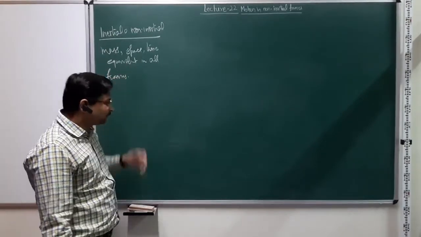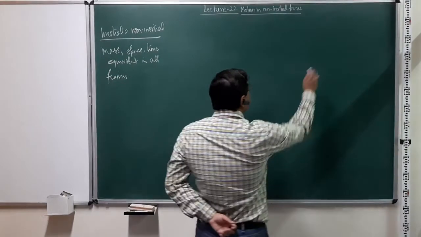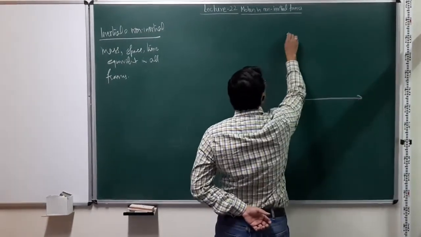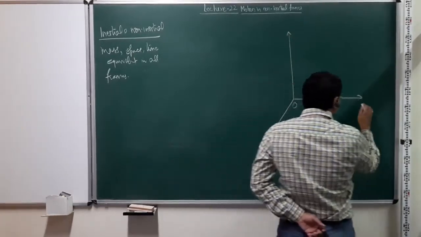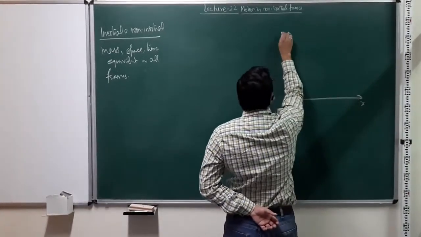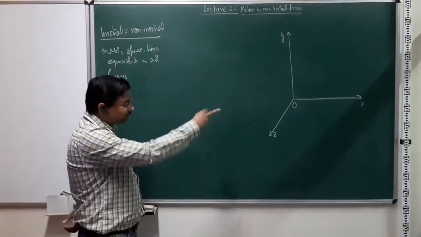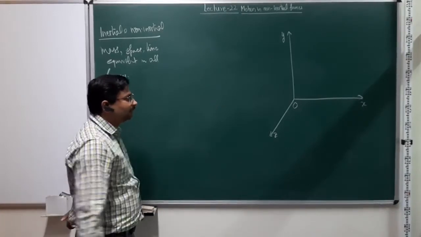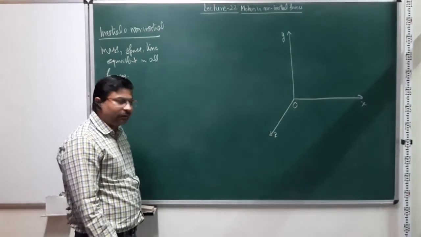So with this restriction, let us see the relation between inertial and non-inertial frames. Let's say we have an inertial frame. Let us try to represent it. So this is my inertial coordinate system, and I'll call this a frame O with x, y, z coordinates, and the way we used to do it, i cap is the unit vector along x, j cap is the unit vector along y, and k cap is the unit vector along z.